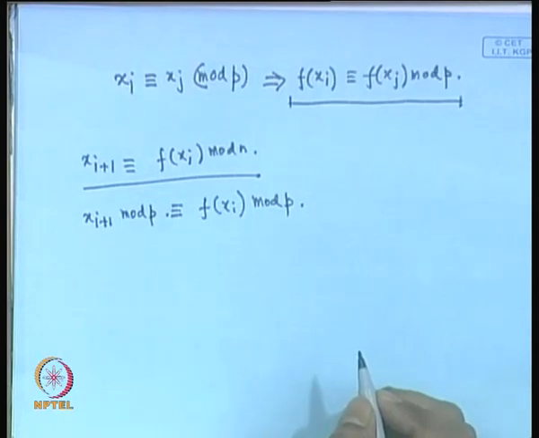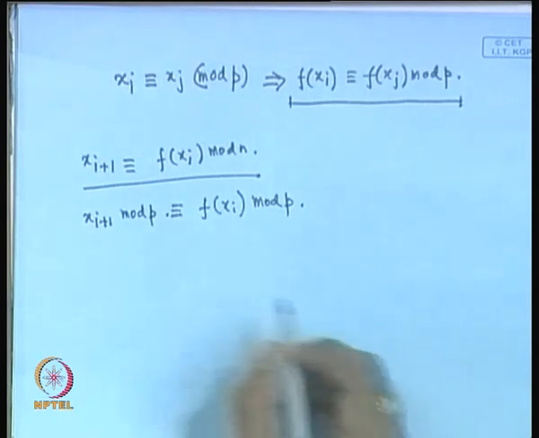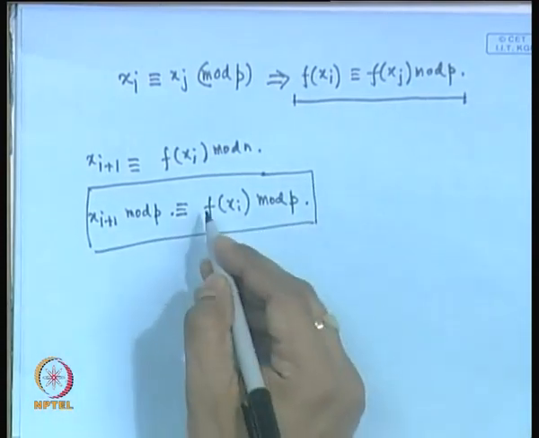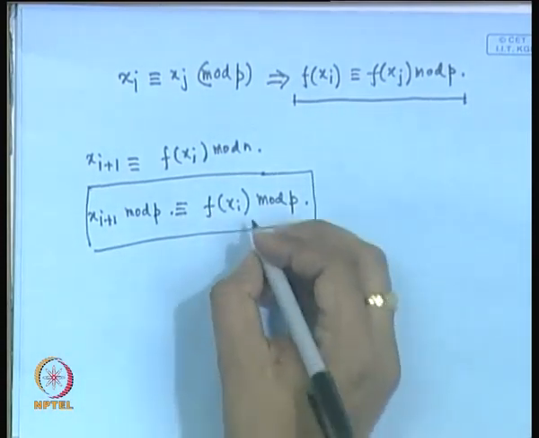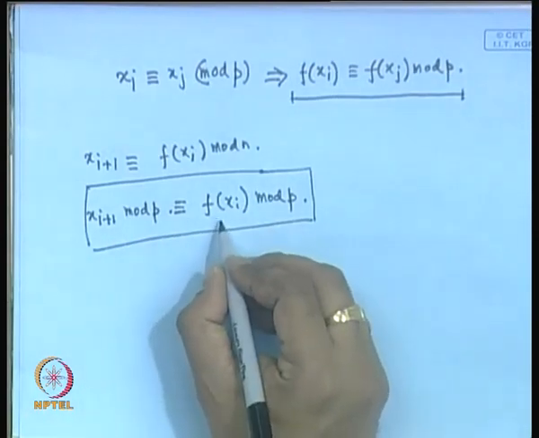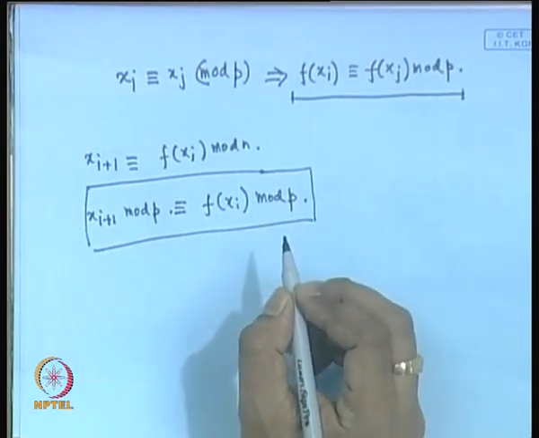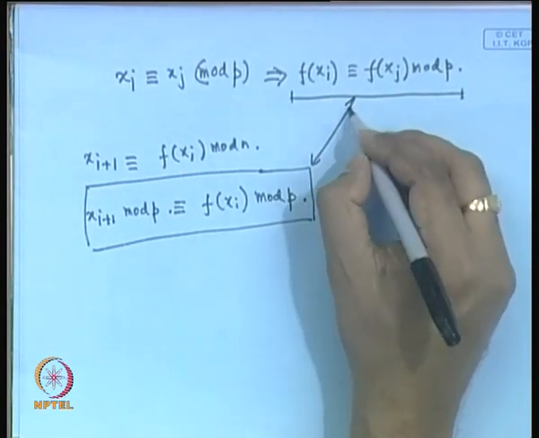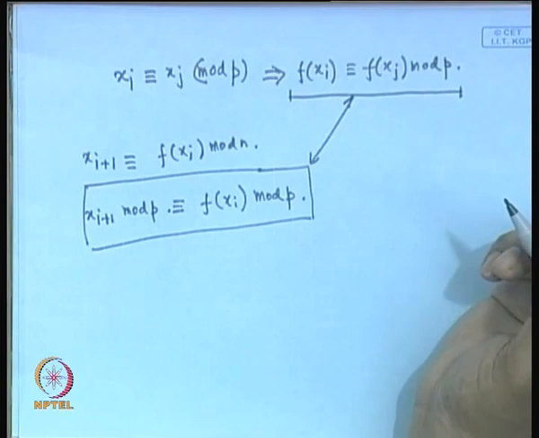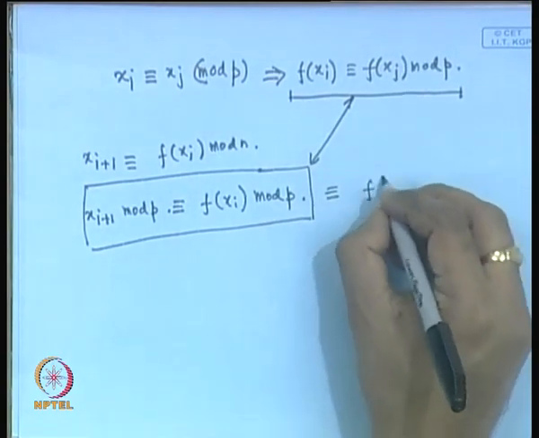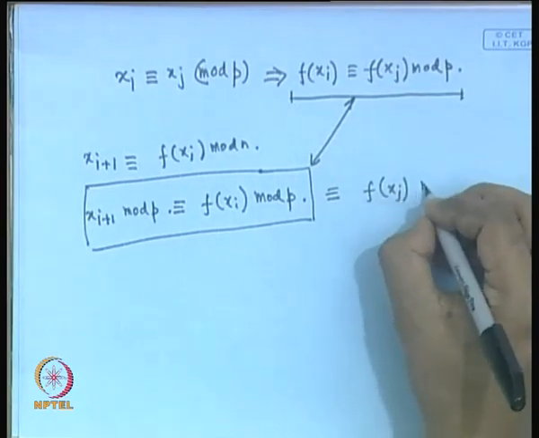I have proved a similar thing in the Pollard p minus 1 algorithm. It is straightforward; there is nothing to prove. So x_{i+1} mod p is congruent to f(x_i) mod p. From this we know that f(x_i) mod p is congruent to f(x_j) mod p, so I can write that this is nothing but f(x_j) modulo p.